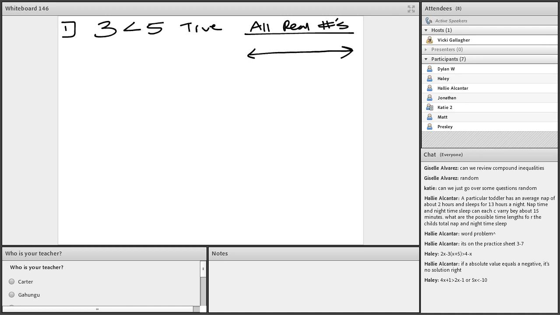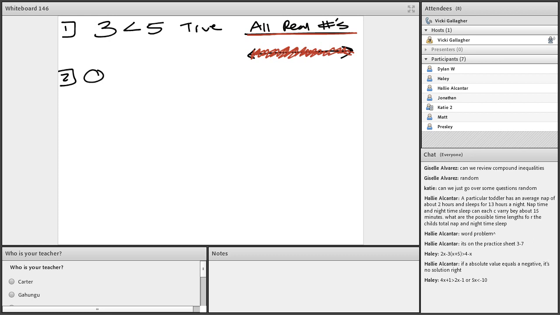And you can show me that by shading the whole number line. So if you wrote on the answer line that the answer is all real numbers, then on the graph, you just shade the whole thing, all edge to edge, all the way across. So that's scenario 1 for all real numbers, is you're solving a single inequality. All the variables have disappeared, but you get a true statement. 3 is smaller than 5.